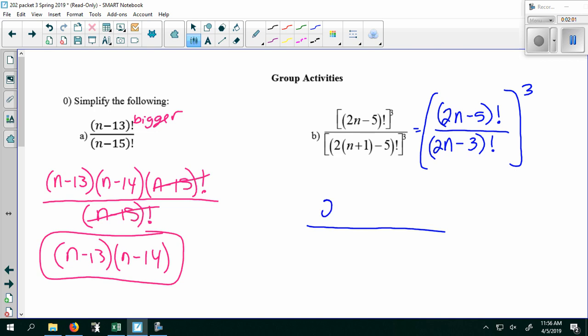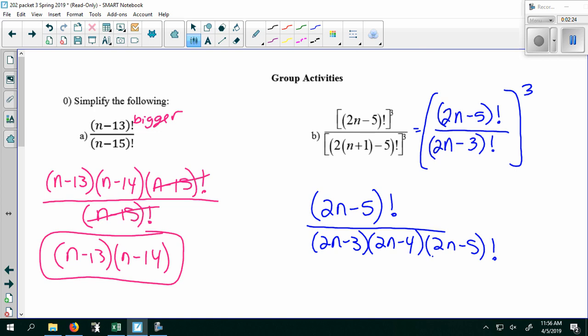So my numerator I'm just going to write as 2n minus 5 factorial. It's the smaller of the two factorials, so we just write that as is. And then 2n minus 3, that's bigger, so that one I'm going to start writing out. So 2n minus 3 times 2n minus 4, and then I've hit the 2n minus 5 factorial.